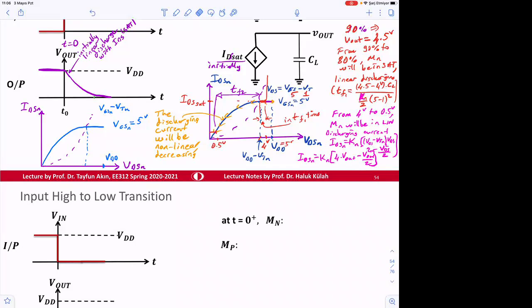So this is one approximation, assuming IDS remains SAT all the time.